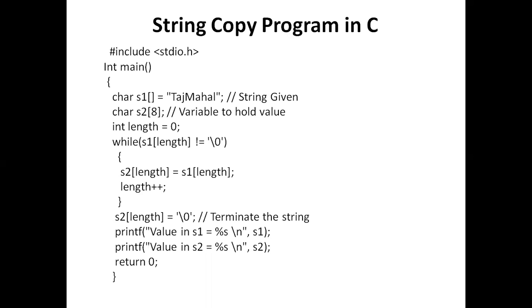So S2 of length, that is S2 of 8, is equal to \0. I will terminate the string. If I want to make any array of characters a string, I have to keep \0 at the last.